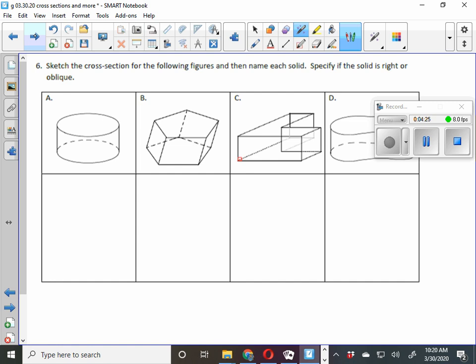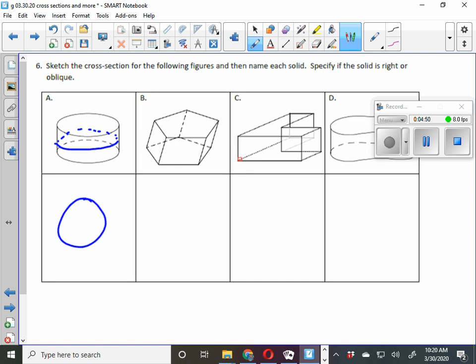They asked us to sketch the cross section for the following figures. And so I would just take a minute and go through that. This way, a cross section would be a round section here, and it goes back like that.